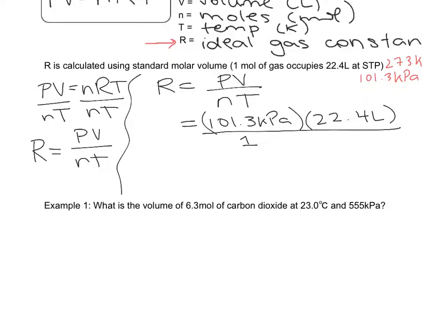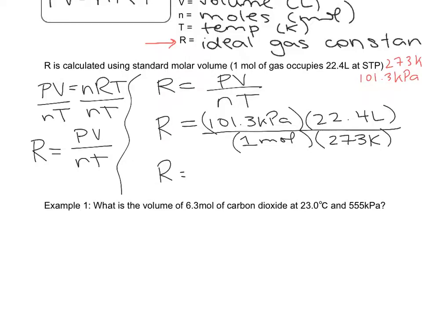This is for 1 mole of a gas. And the temperature, again, is standard, so 273 Kelvin. You'll notice here that none of my units are actually crossing out. So my R value is actually going to have the unit kilopascal liters per mole Kelvin.